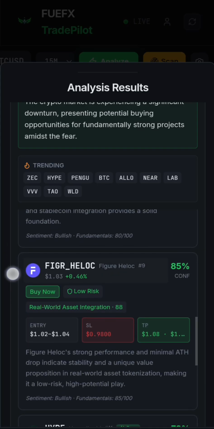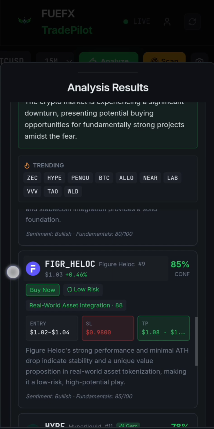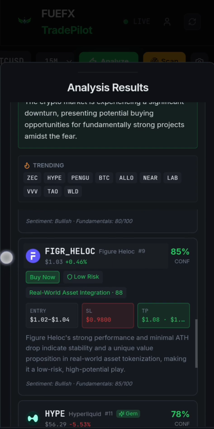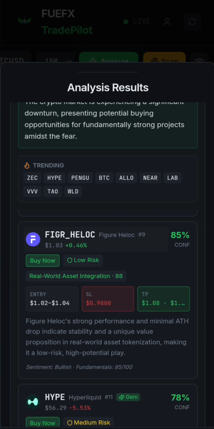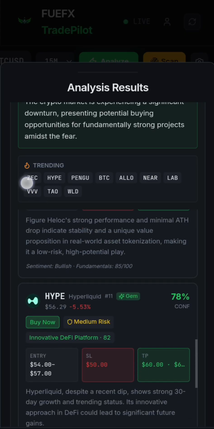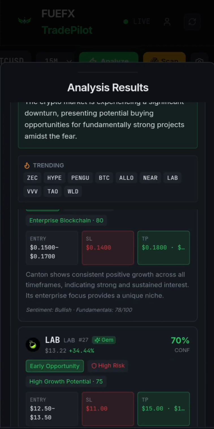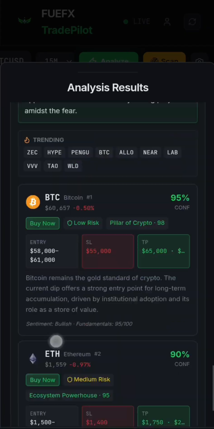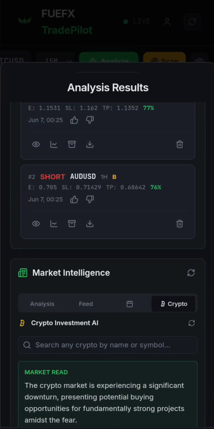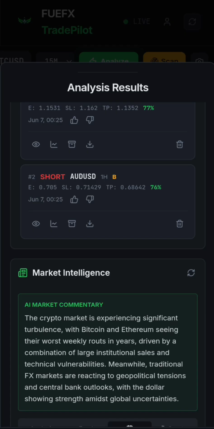Okay, here it says you should buy this one with low risk. It's currently at $1.03. You can also see it says you should buy Hyperliquid, medium risk, and so on. So that's the crypto investment AI section.